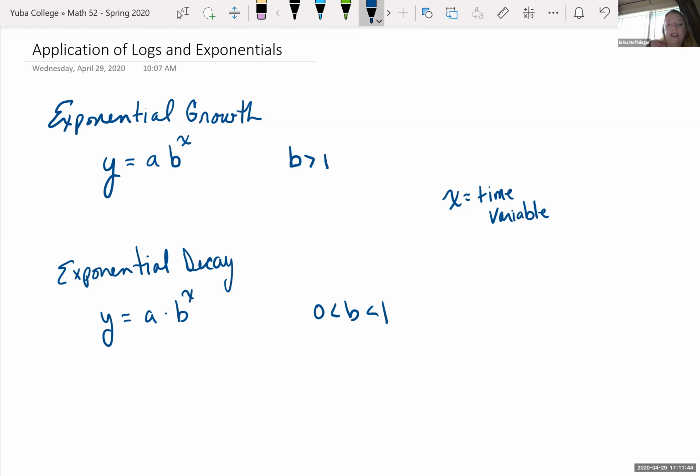The variable a in front of the exponential piece, b to the x power, a is equal to the initial amount when time is 0.